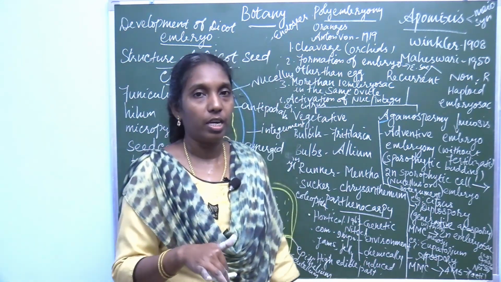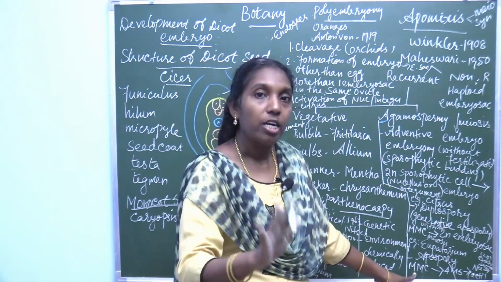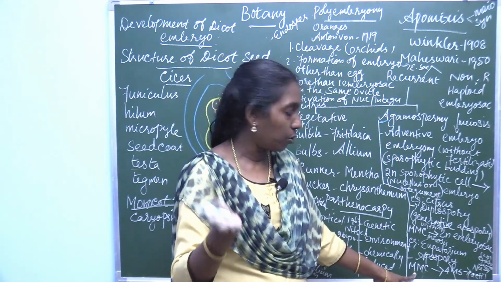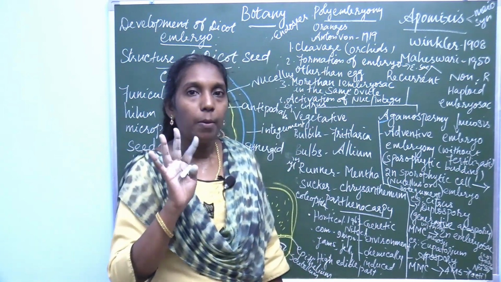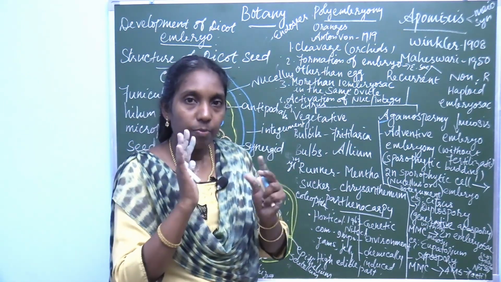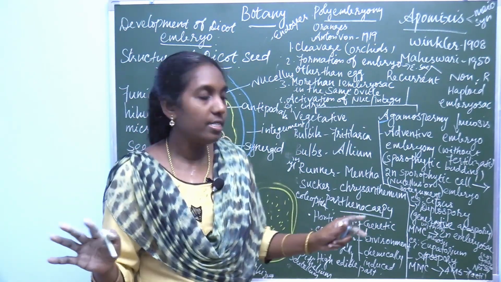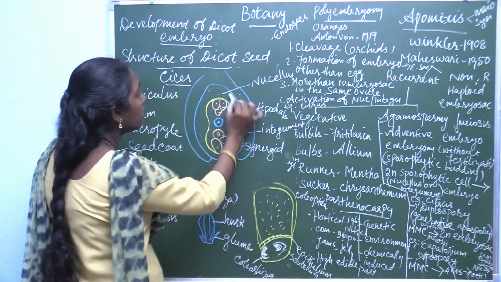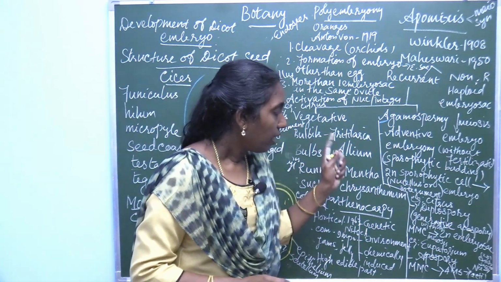In apospory, the megaspore mother cell undergoes meiotic division and produces 4 megaspores. Formation of megaspores takes place, but these megaspores disintegrate and activate the nucellar tissue. Now this nucellar tissue becomes activated and produces the embryo.